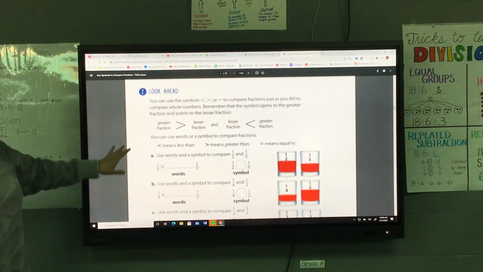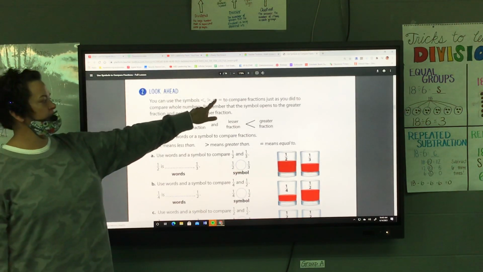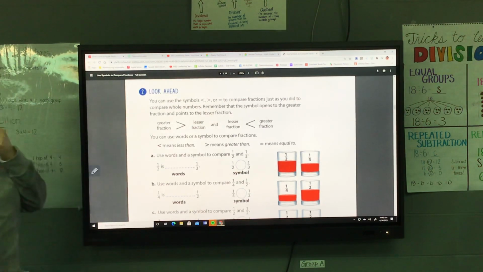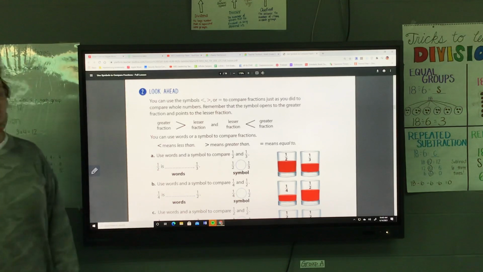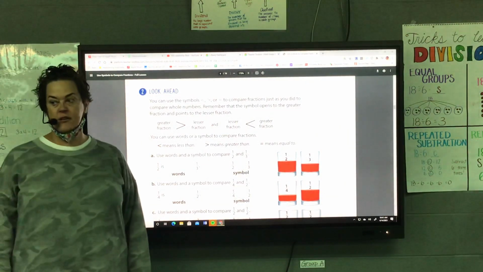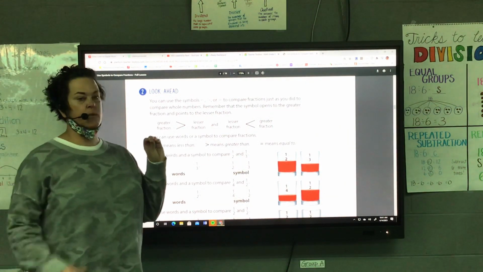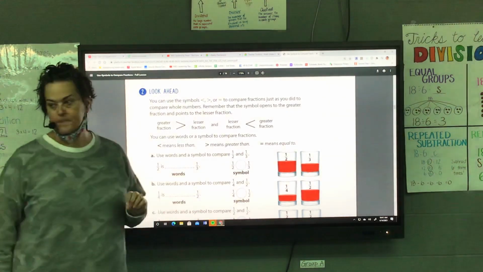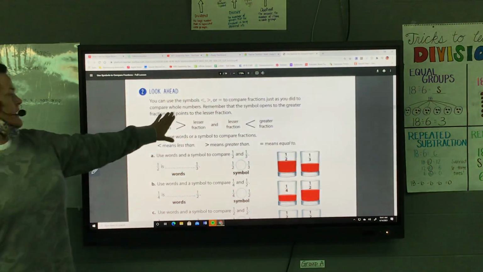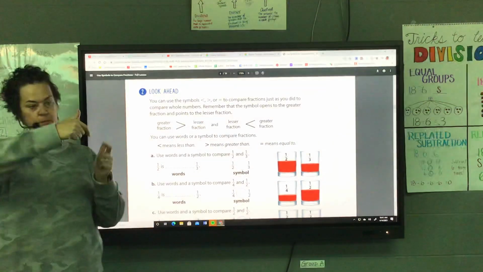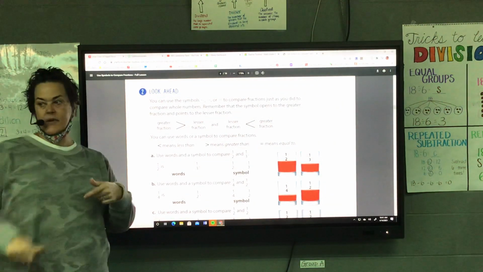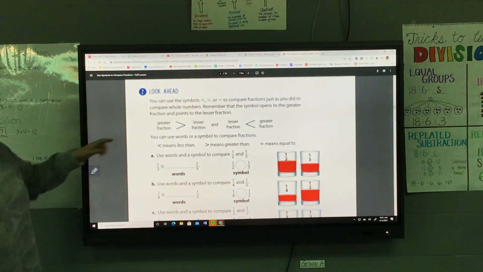All right. Let's look at part 2 on the back of that. So you can use the symbols less than, greater than, or equal to compare fractions just as you did to compare whole numbers. Remember that the symbol opens to the greater fraction. Remember that little number always wants to eat that bigger number. Okay? So it opens to the greater fraction and the arrow points to the lesser fraction.